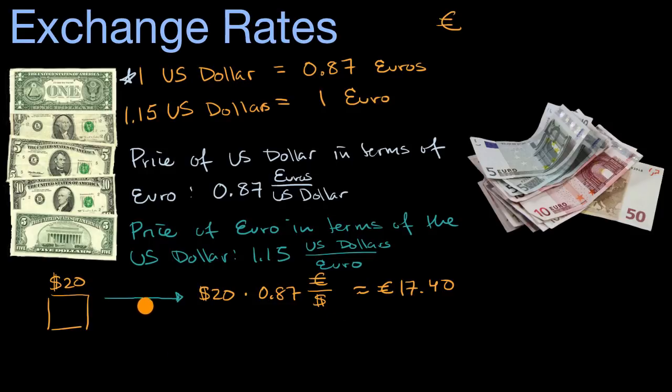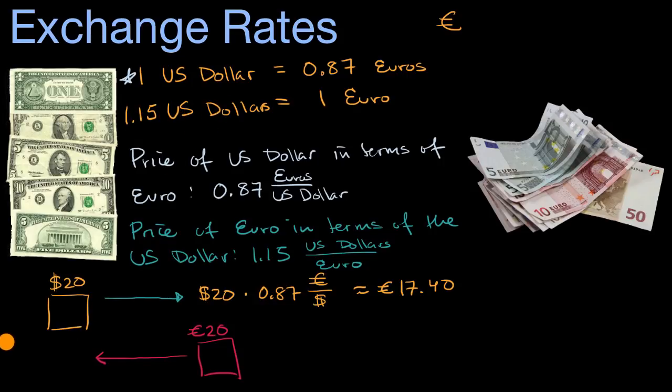And if it went the other way around, let's say that someone sold something in Europe for 20 euro, and for whatever reason, they need to take that euro back into the United States and convert it to dollars. How many dollars would they get? Well, here we see 1 euro is equal to 1.15 US dollars.